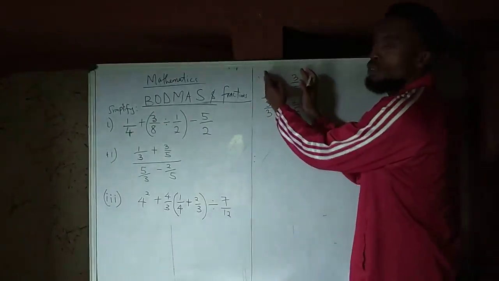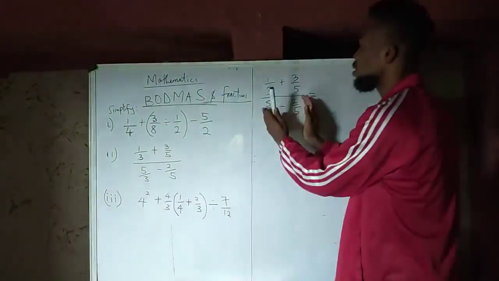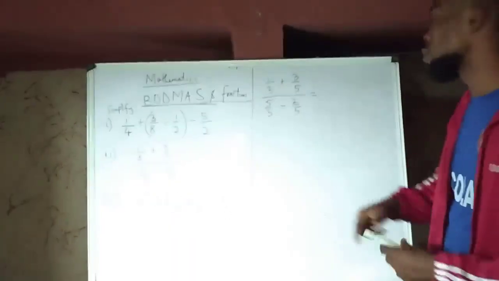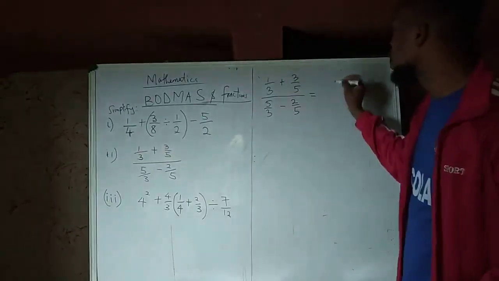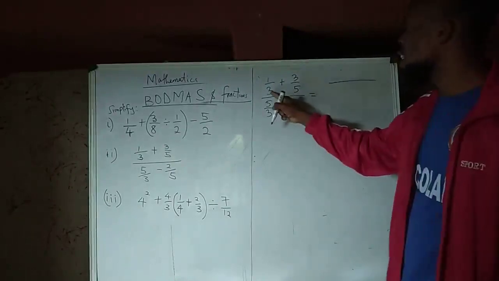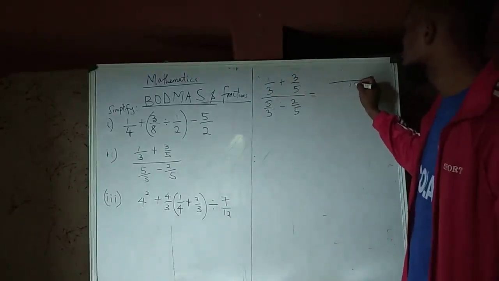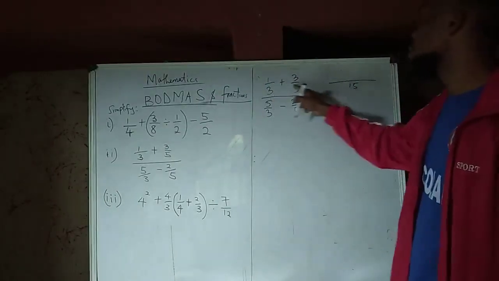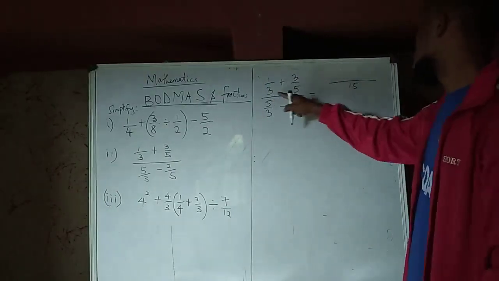So we just resolve the top and then resolve the bottom. That's the numerator and the denominator. So how do we resolve the numerator? It's simple. We get the LCM of 3 and 5. The LCM of 3 and 5 is simply 15, right? So we use the LCM and multiply what is here.